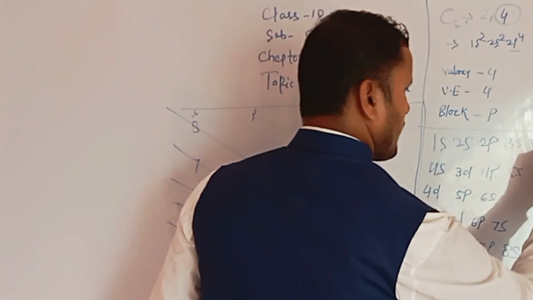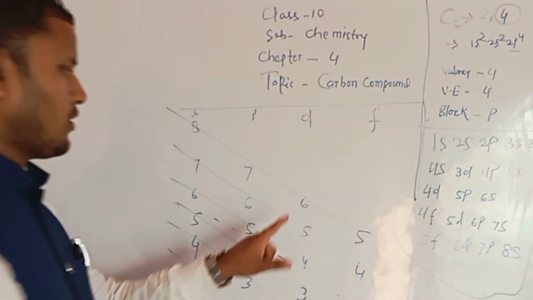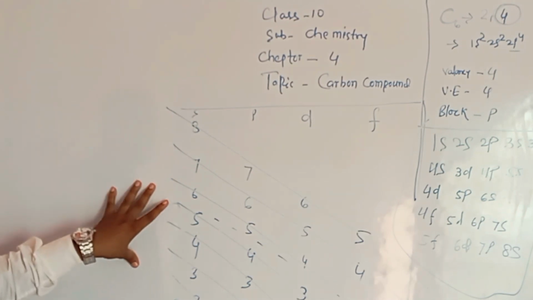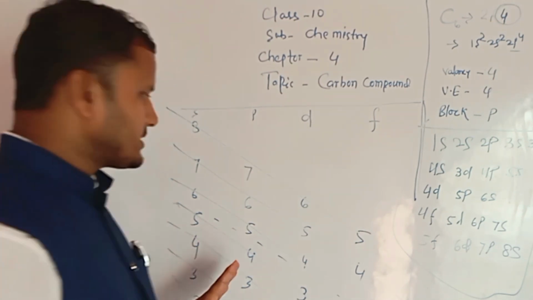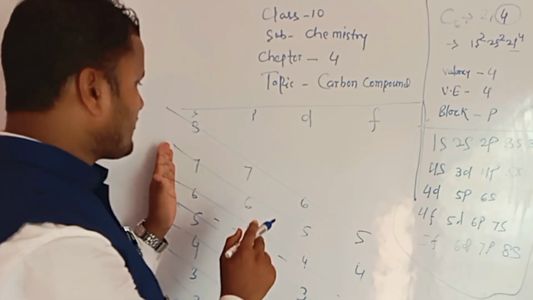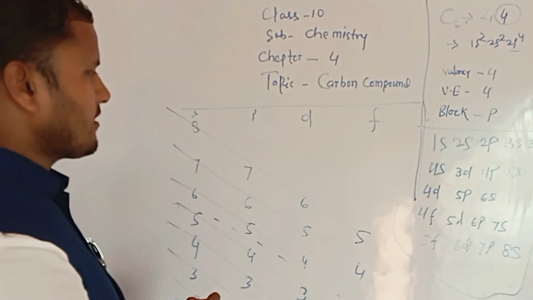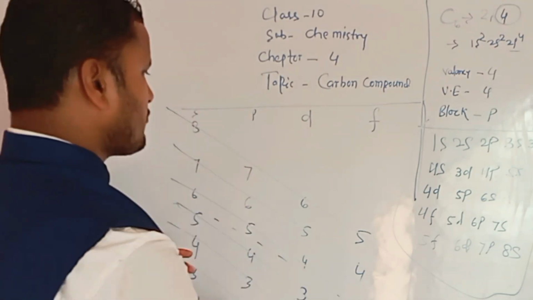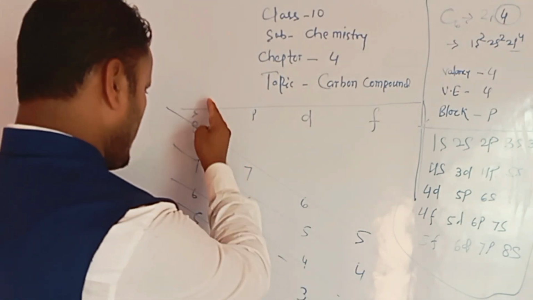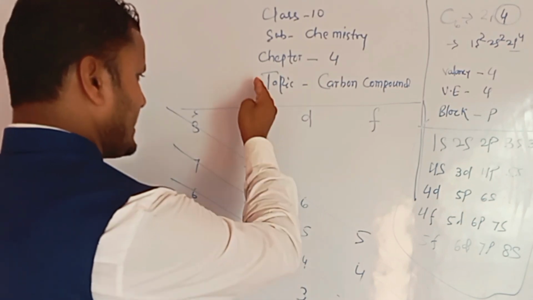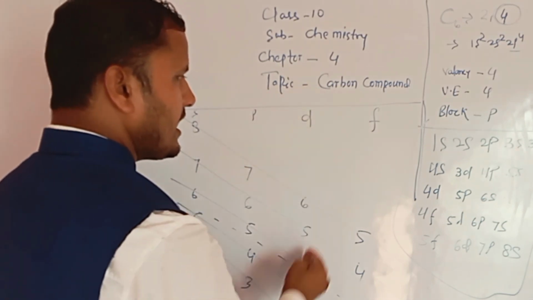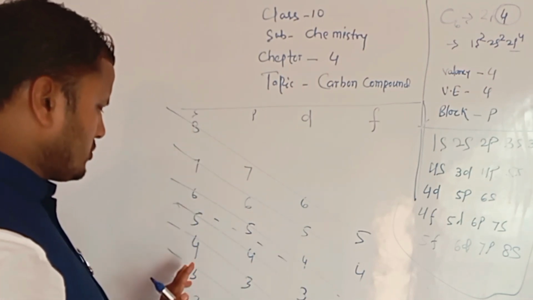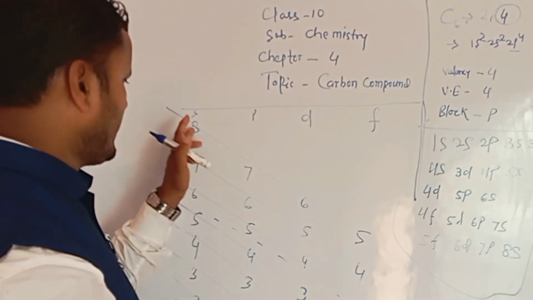How do we find it from this figure? How to rearrange this figure? Also remember, this starts as a counting. First of all, we categorize in 4 sets. First line is S, then P, then D, after that F. And as a counting we write 1, 2, 3, 4, 5, 6, 7, 8.